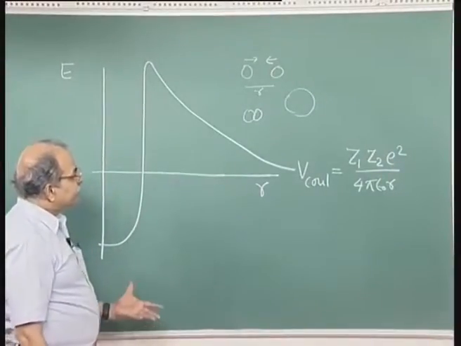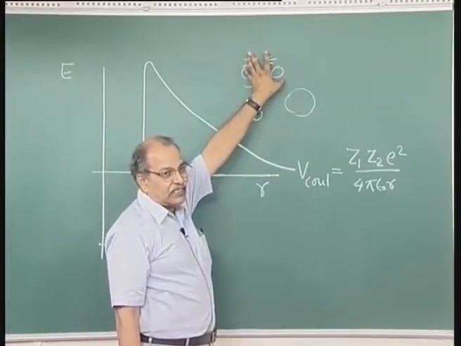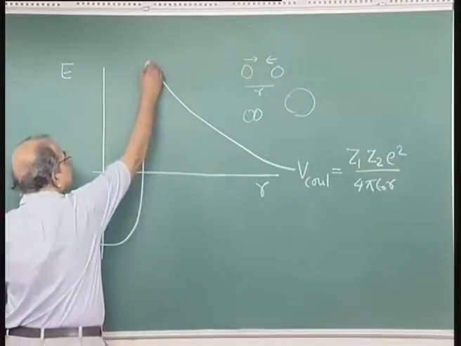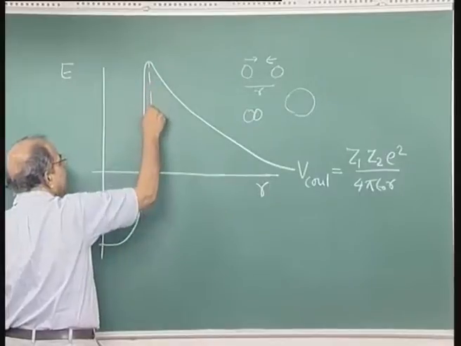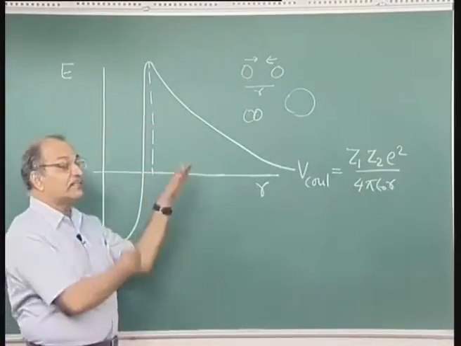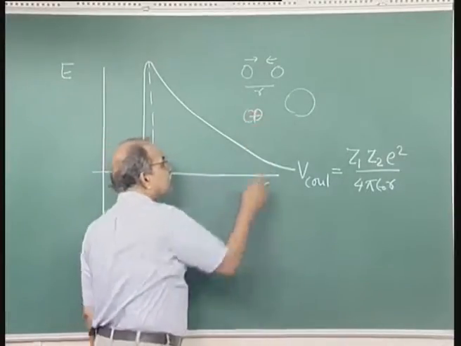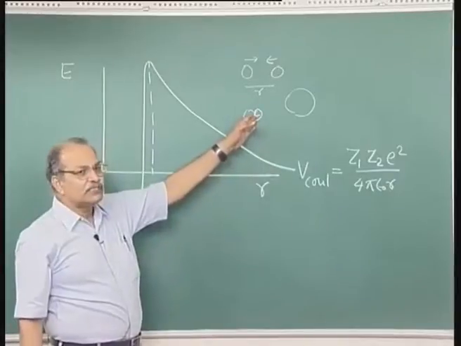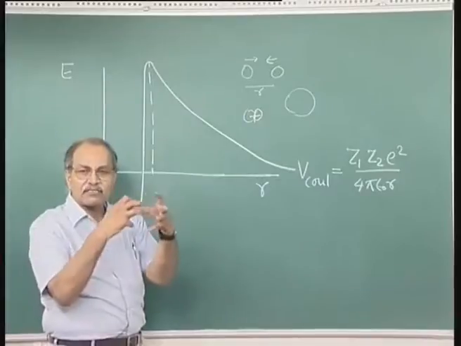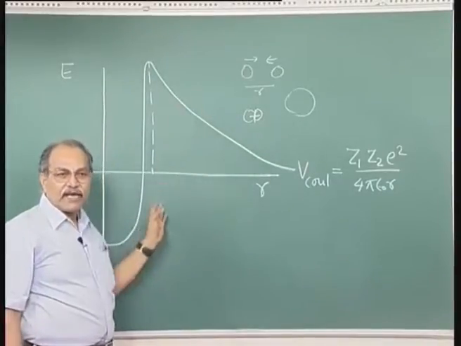Now, what is the initial energy available? That is important. First, this height: how much is this height? If I take the simplistic model, as we had done earlier also, when these two just touch each other, till that time we say that it is only the Coulomb force which is effective, and once they have touched and are going into each other, we say that the nuclear force has taken over.